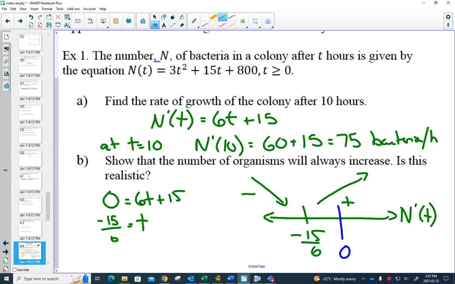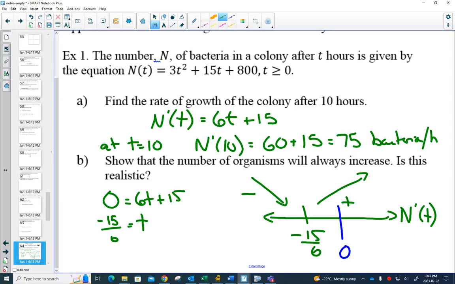So even though it was decreasing before negative 15 over 6, this equation would always be increasing because after time is 0, according to our graph, it's always increasing after that.